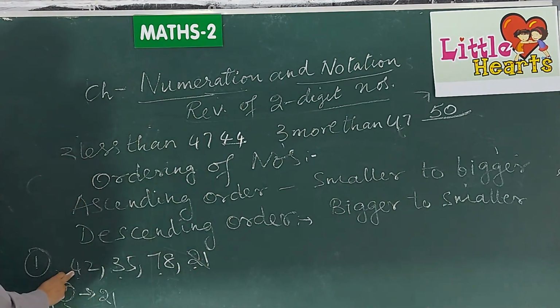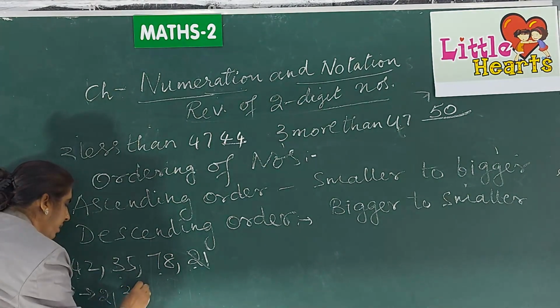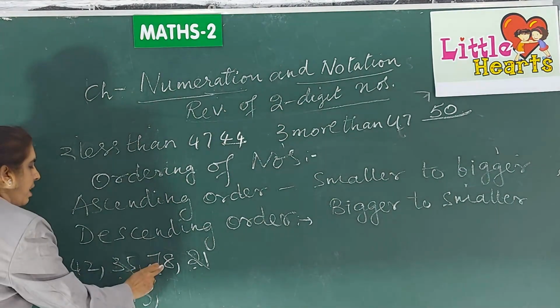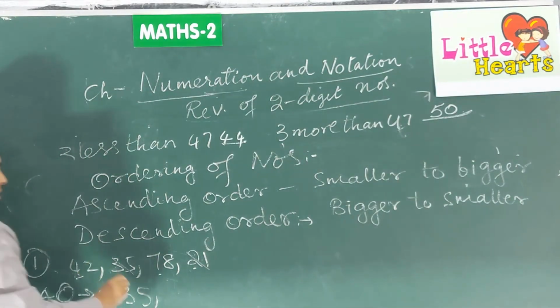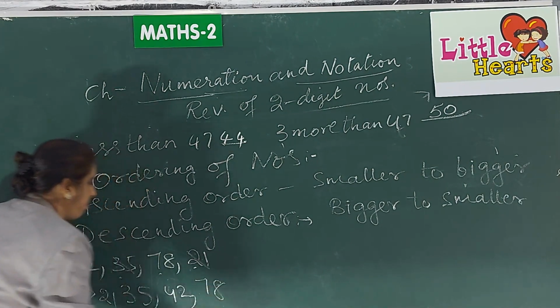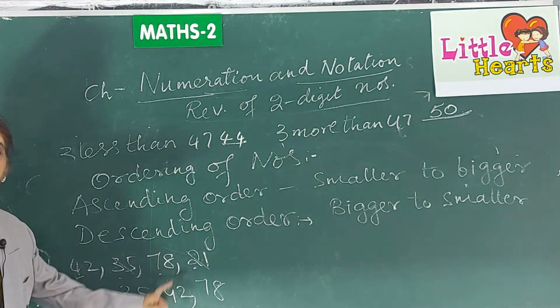In the remaining, 3, 4, 7: 3 is smaller, write 35. Coming to these two, 4 and 7, 4 is smaller, 42. 78 is the biggest number. This is the ascending order of the set of numbers here.